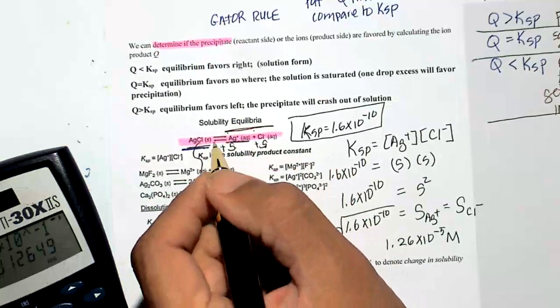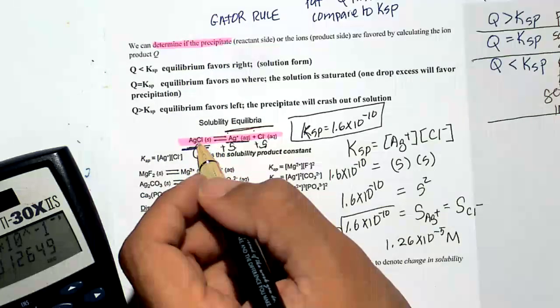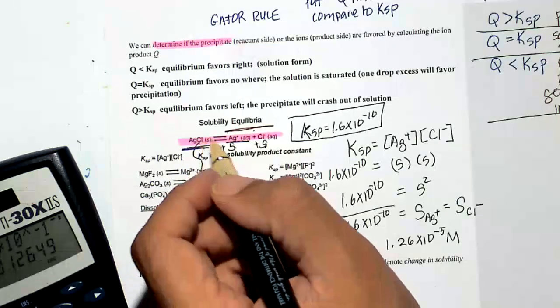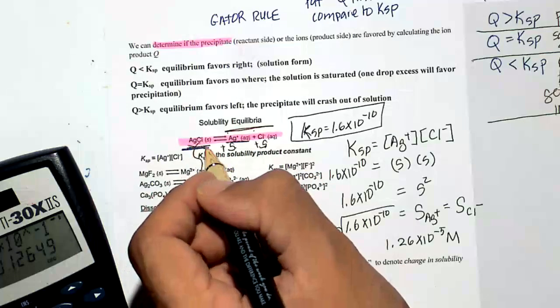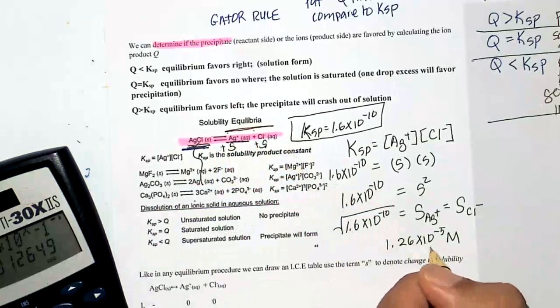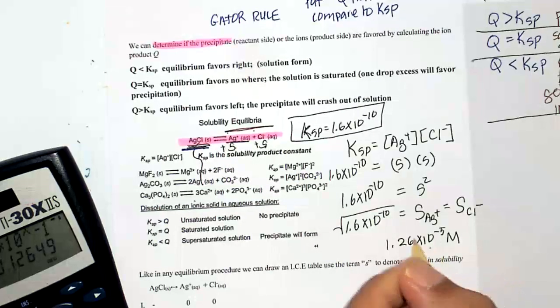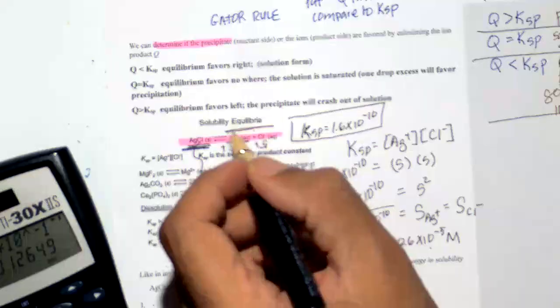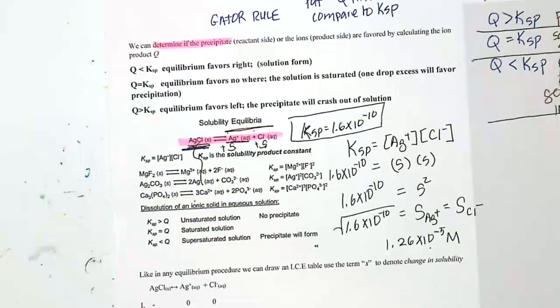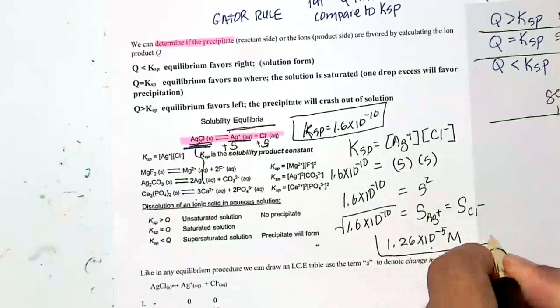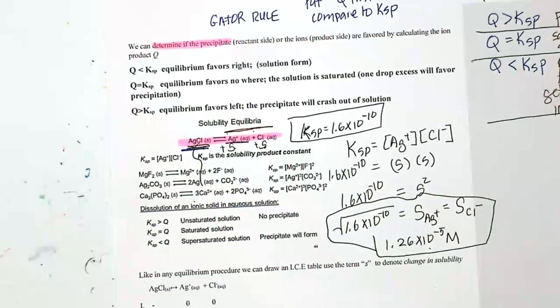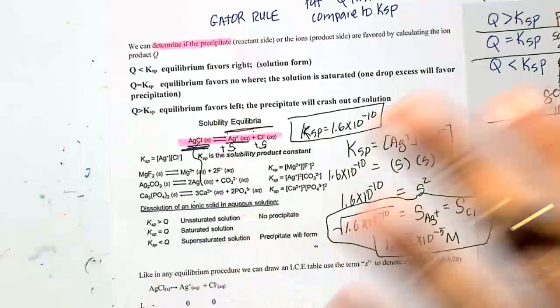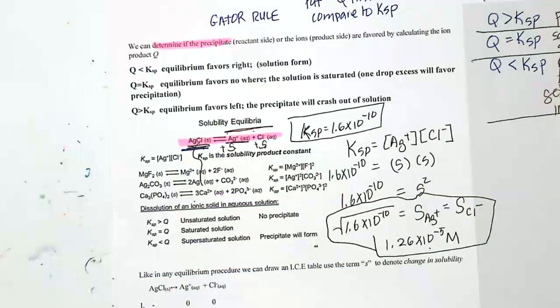If you have 1 liter of this solution, most of it will be AgCl solid, but 1.26 times 10 to the minus 5 molar Cl minus will be dissolved in water. So this is how we do these types of KSP problems. We'll have some more practice with this a little bit later on.